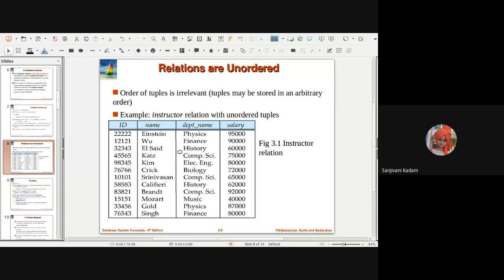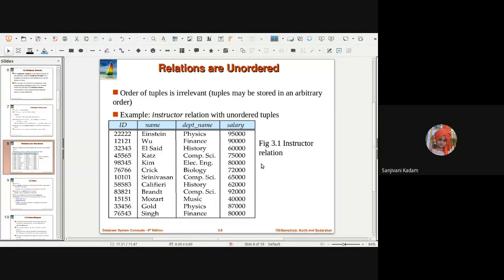The third tuple, history, 60,000, doesn't satisfy the condition that salary is greater than 65,000, since the salary is 60,000.